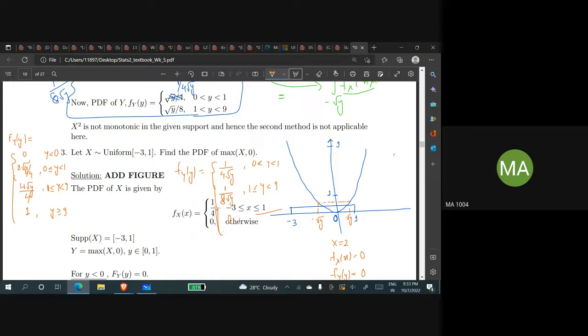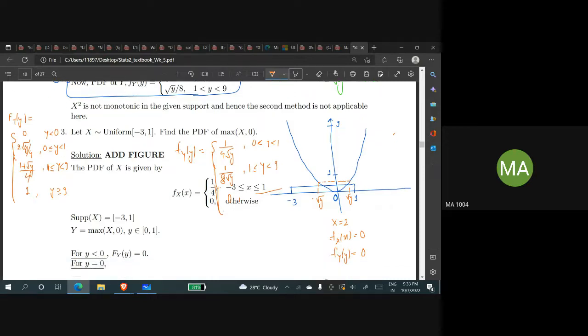Now when x takes the value 2, then y can take the value 4, right? But does this PDF capture this thing in any way?